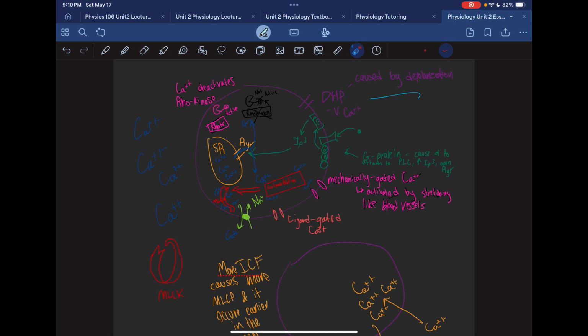Here's MLCP, guys. It is activated or inactivated by the Rho kinase. When it's phosphorylated, it's inactive, and when it's not phosphorylated, it's active.